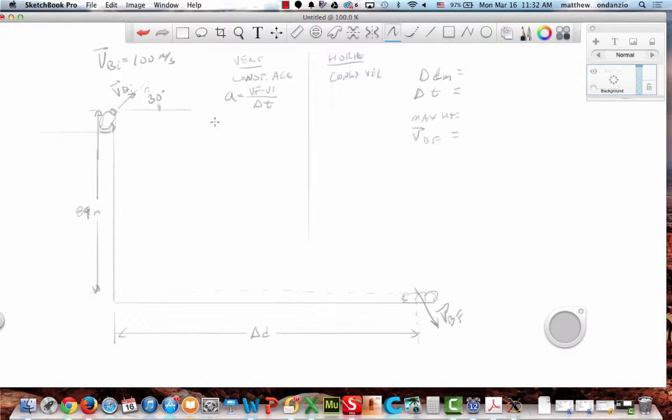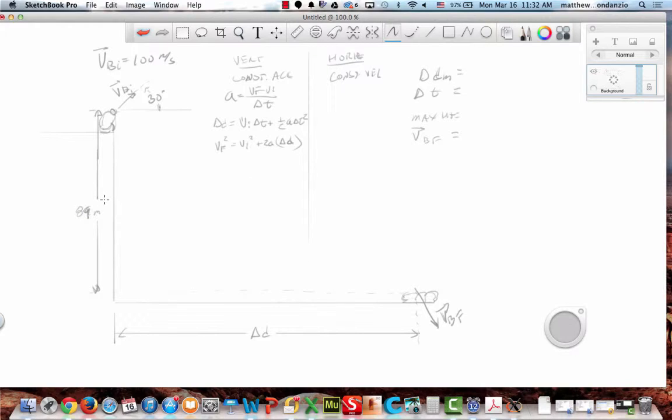My delta distance is equal to V initial times delta t plus 1/2 a delta t squared, right? What's my third equation I can use? Velocity final squared equals velocity initial squared plus 2a times delta d, right?